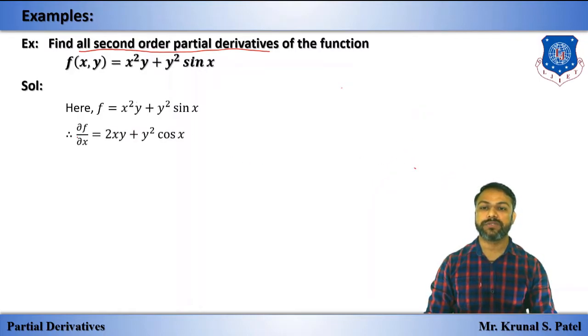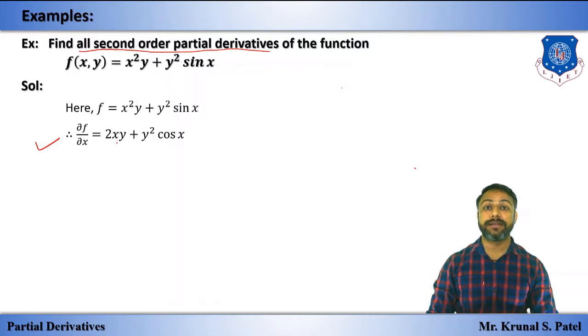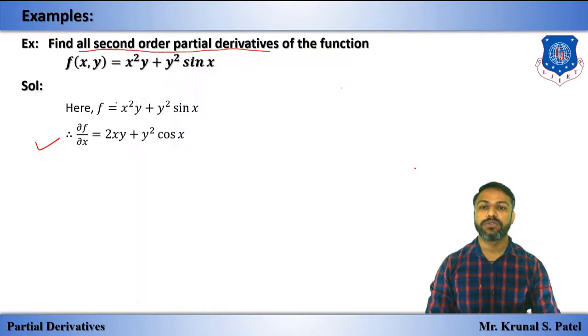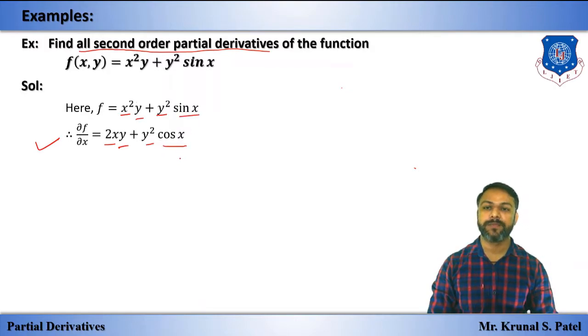Let's have a look. First we will find with respect to x, and we have already studied in part 1, part 2, part 3, in the 3 lectures, how to find first order partial derivatives. So with respect to x, y is constant as it is and differentiation of x square is 2x. Same way y square is constant as it is and differentiation of sin x will be cos x.